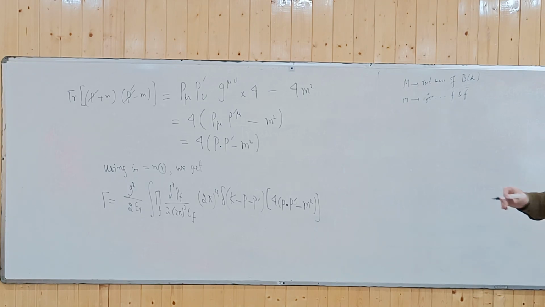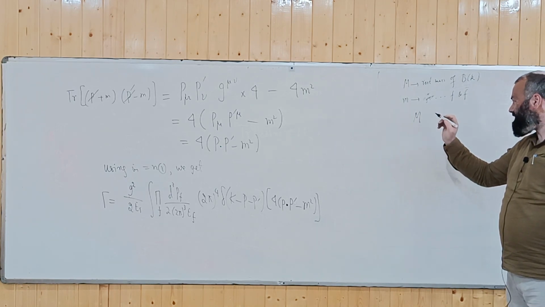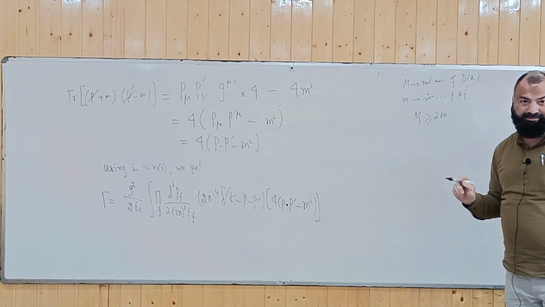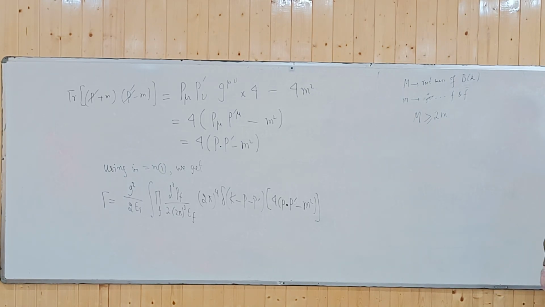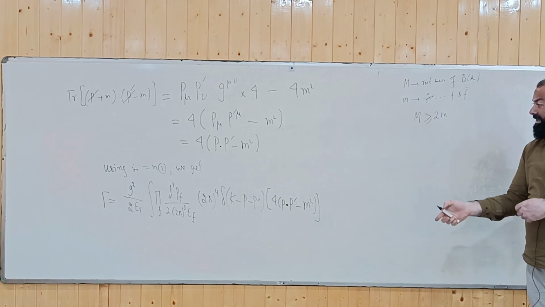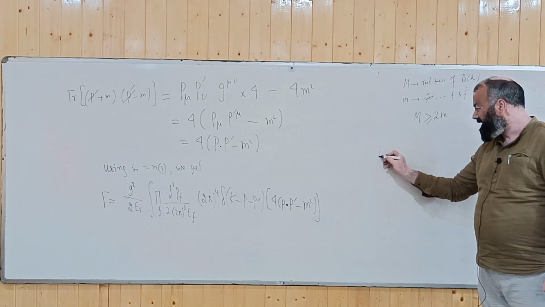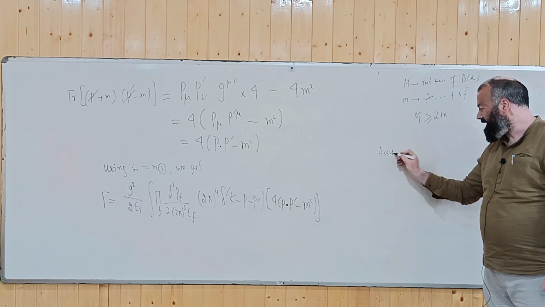Clear? So for this process to happen, as I have already told you, M should be greater than or equal to 2m. So the rest mass should be like this. Or M c square should be greater than or equal to twice m c square, because c is equal to 1 in our case. I am using those units. Now to evaluate this kind of formula, this is the assumption.